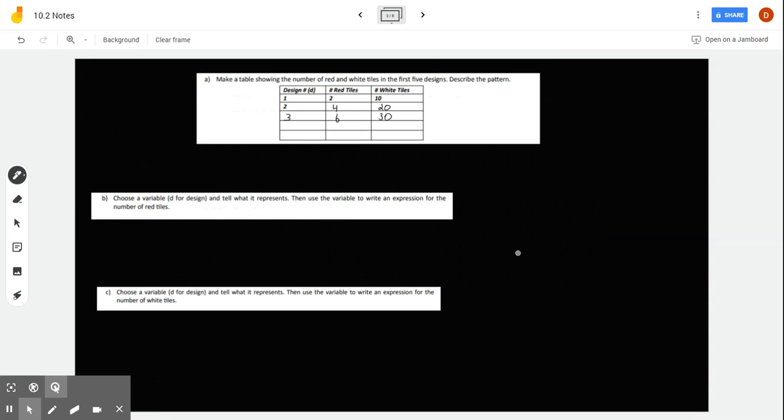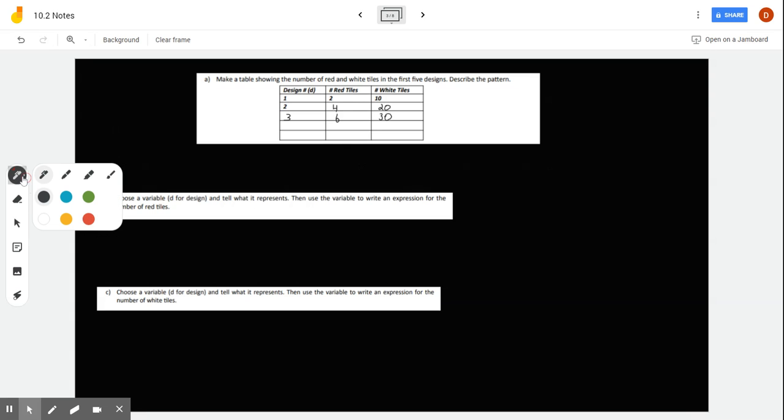The next question says choose a variable and tell what it represents. In this case, we're going to select D for the design. Then use the variable to write an expression for the number of red tiles. So what we're going to say here is that if D is the design number, what is the relationship for the number of red tiles?